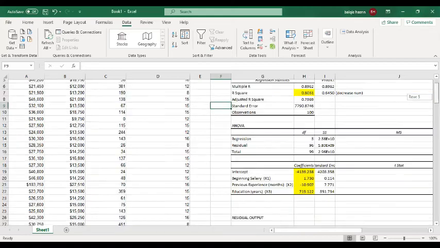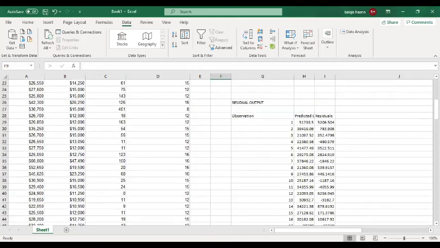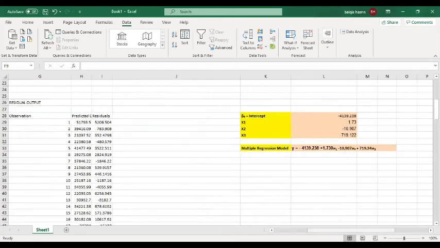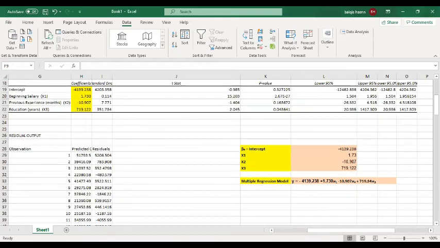From the output, I already observed the regression coefficients as follows. B0 is the intercept, which is negative 4139.238. For X1, which is beginning salary, the coefficient is 1.730.